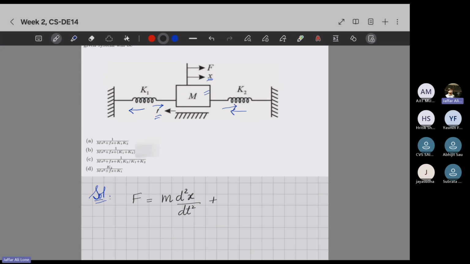plus I told you there is a damper, so it will be f dx by dt. Now this is important.